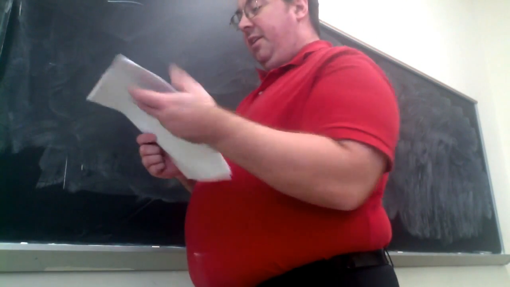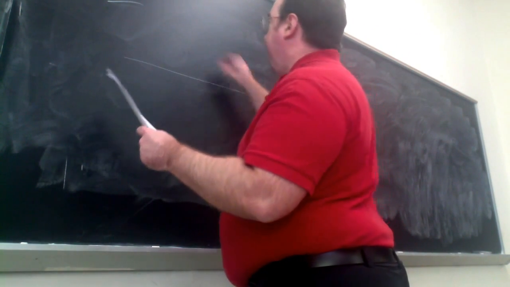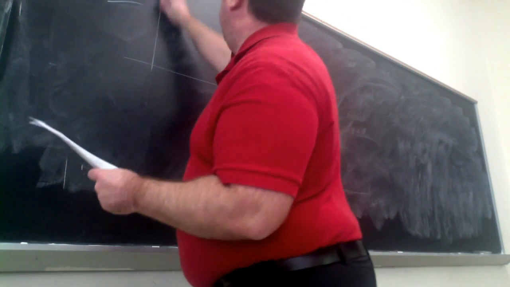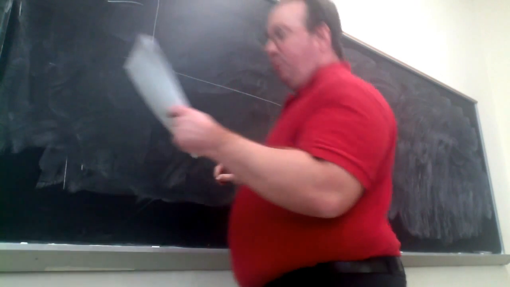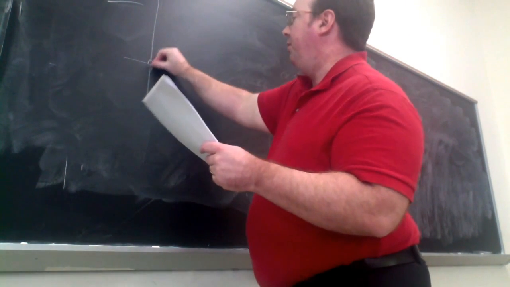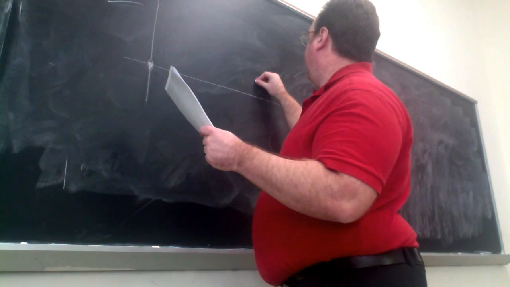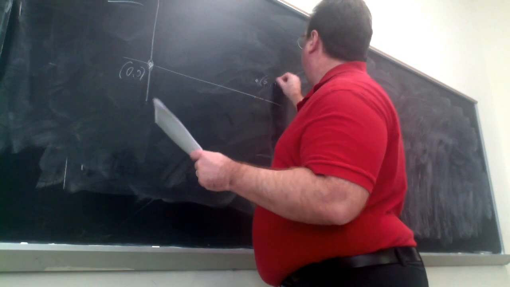Okay, so let's suppose that our original region, in fact, is a parallelogram. And I'll draw the vertices. So the vertex is 0, 0, and then 6, 1.